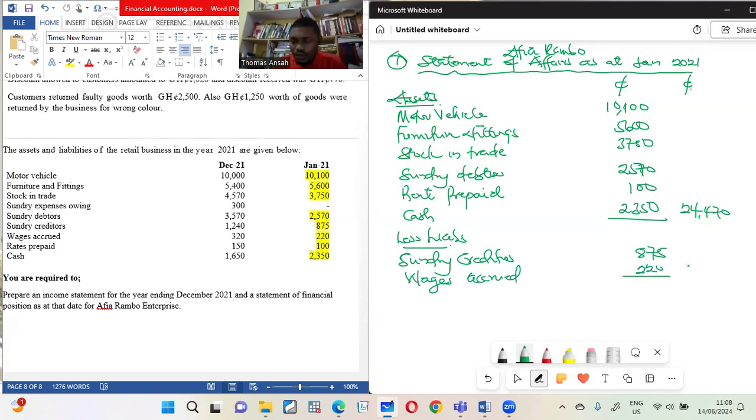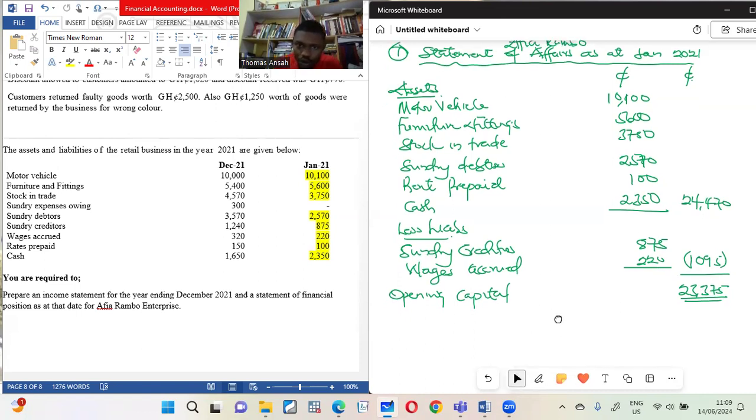And that is like 1,095. So my opening capital will now be equal to, if I less this, it's 23,375. So 23,375. All right. So that is what we have.